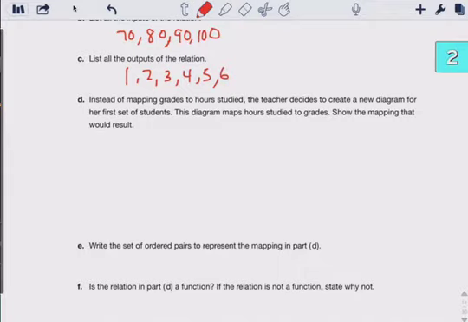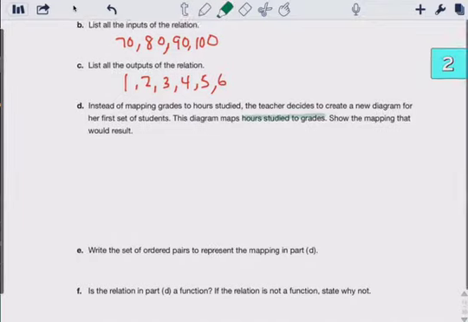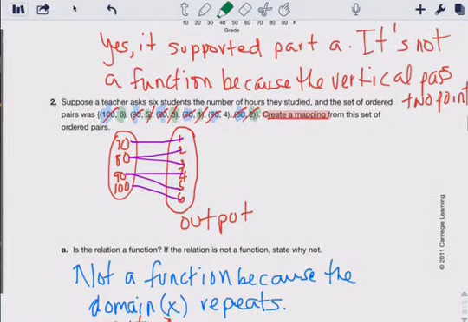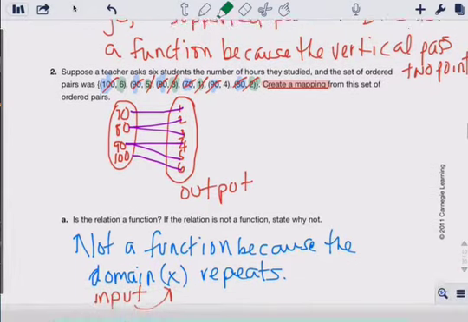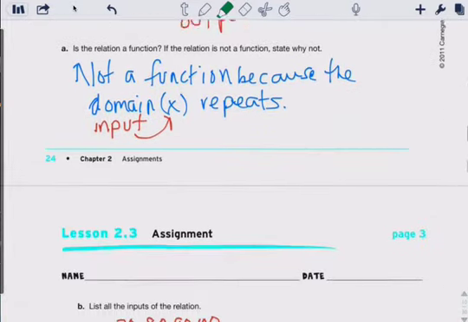Instead of mapping grades to hours studied, the teacher decided to create a new diagram for her first set of students. This diagram maps hours studied to grades. The other one asks you to do I assume it was the other way.